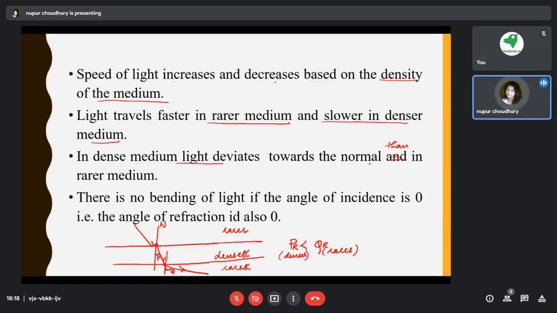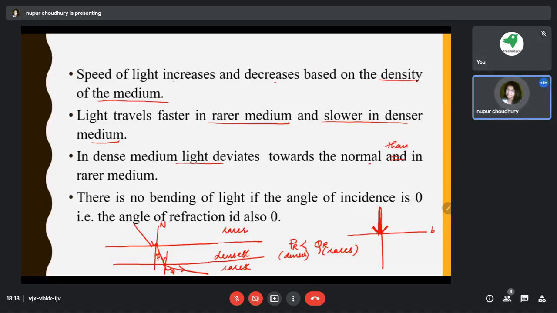The last point that we have to discuss is there is no bending of light if the angle of incidence is 0. That is, the angle of refraction will also be 0. Now suppose this is the boundary, and this would be the normal. Now if my light is falling in this direction, that means the angle of incidence with the normal is basically 0.